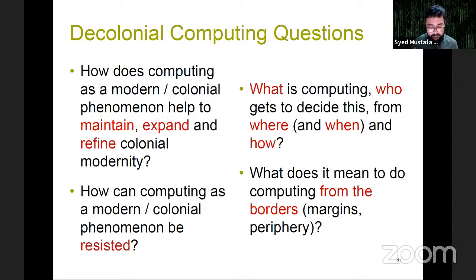Decolonial computing turns on a preferential option for thinking through conceptual frameworks emerging from the periphery, the margins, and the borders of the modern colonial world system, with a view, once again, to effecting compensatory and reparational action vis-a-vis the legacy systemic effects of historical colonialism persisting in the post-colonial era.